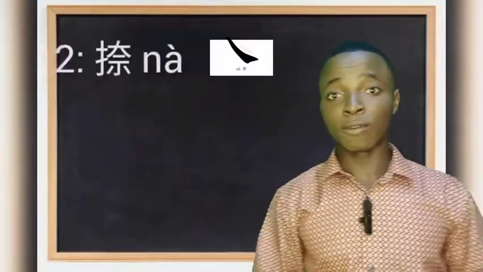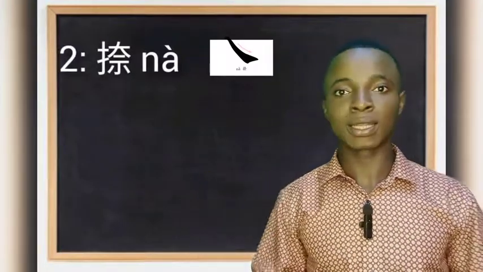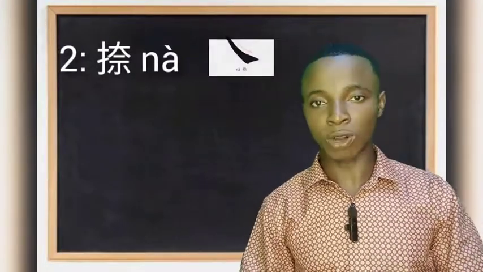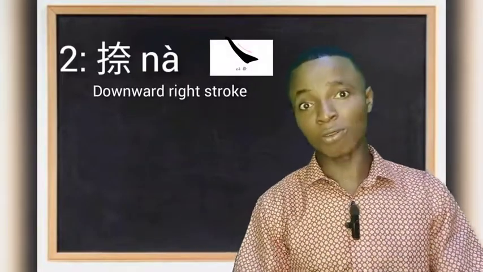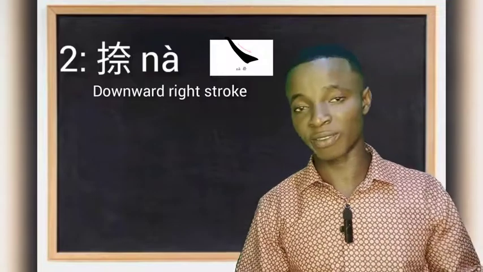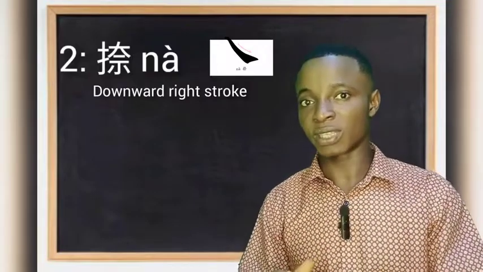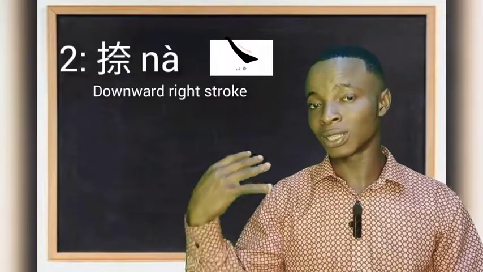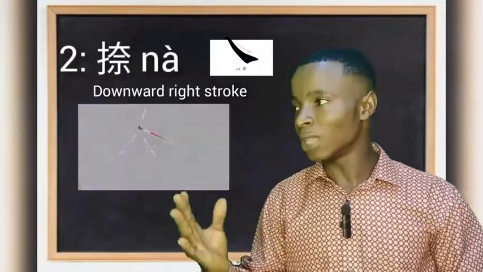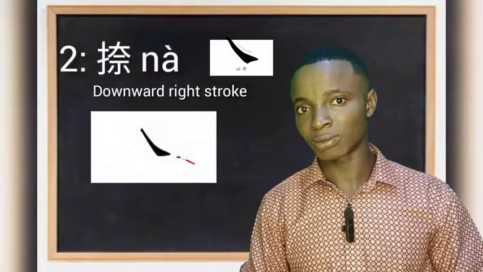The last stroke for today is Na. Na can also be called the downward right stroke, just like an opposite of Pie, the one we discussed previously. The one we discussed previously is the downward left stroke, but this one is the downward right stroke. Now, let's see how this stroke is written.